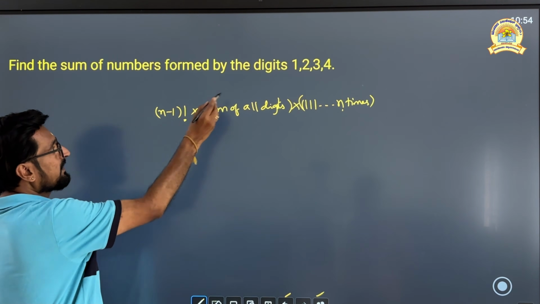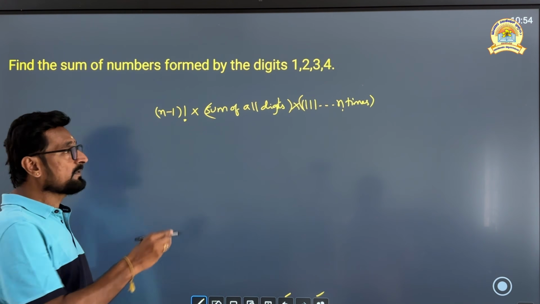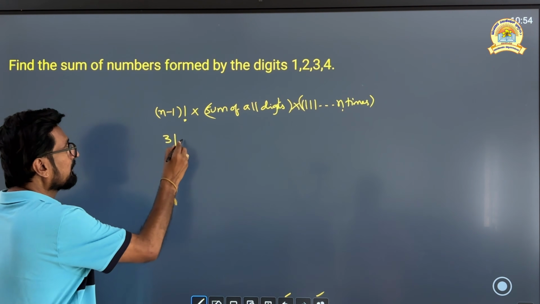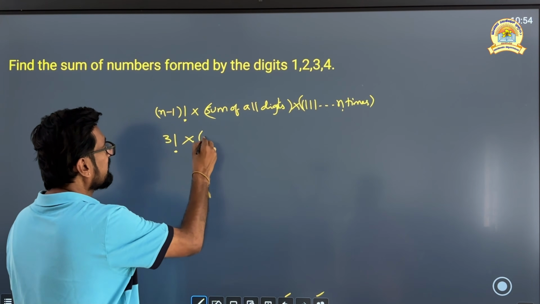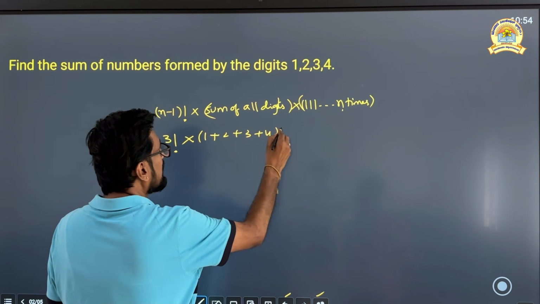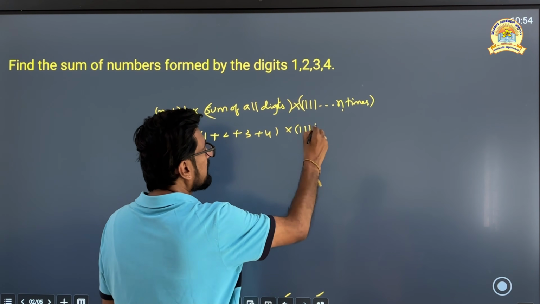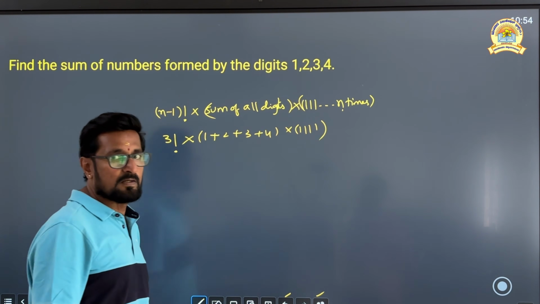That means what is n? There are 4 digits given to you, so n becomes 4, where n minus 1 is 3 factorial. Sum of all digits means 1 plus 2 plus 3 plus 4, into how many digits are there? 4 are there, so into 1, 1, 1, 1.